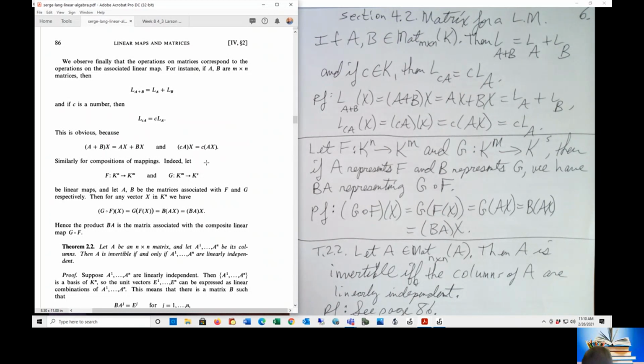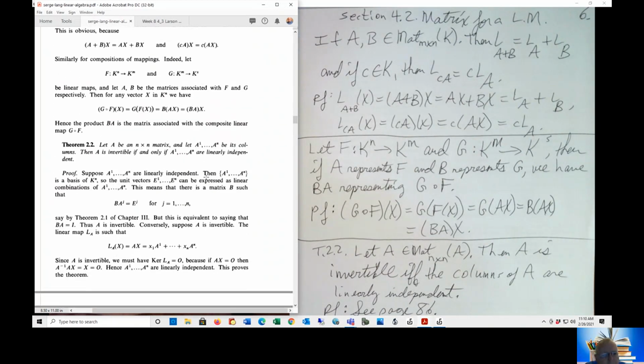G composed with F of X is G of F of X, or G of AX, which is B times AX. Rearrange the parentheses, you have BA times X. So the matrix associated with G composed with F is the matrix B times A. So it's in the reverse order because remember that B represents G and A represents F.